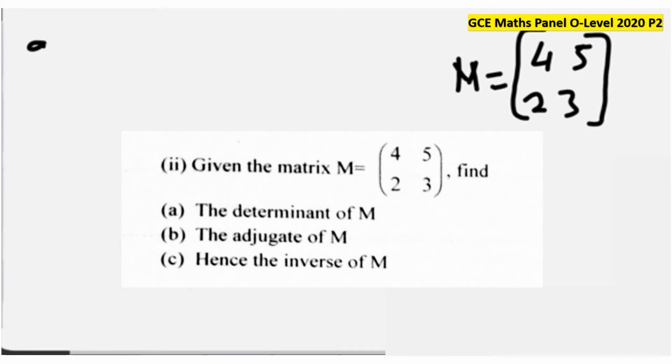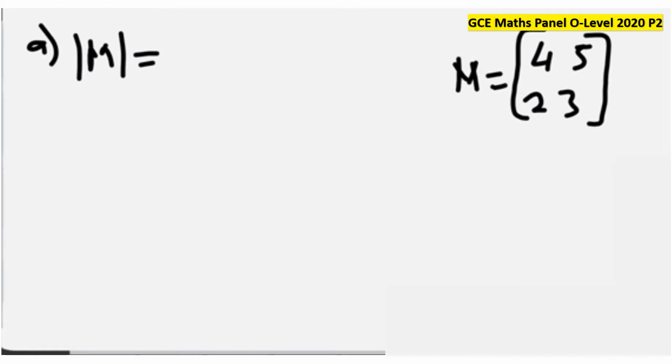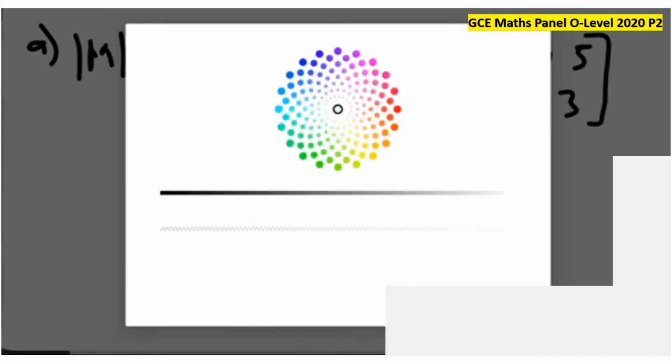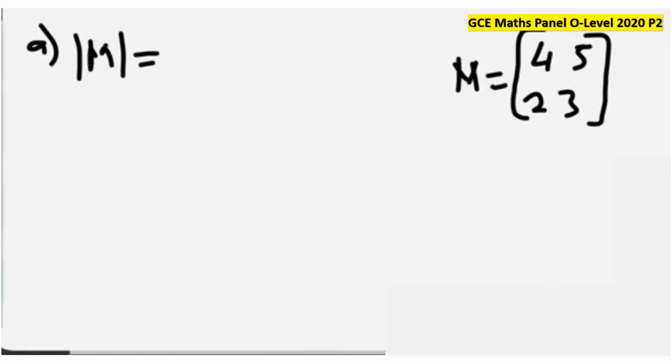The A part says we should find the determinant of that matrix. So our det M will be equal to the product of the leading diagonal. Here the leading diagonal is 4, 3. Let me indicate so that you can see this element here is the leading diagonal.